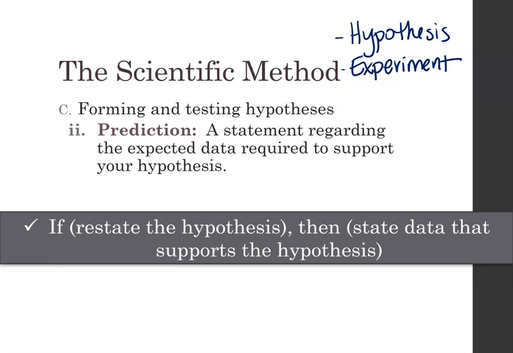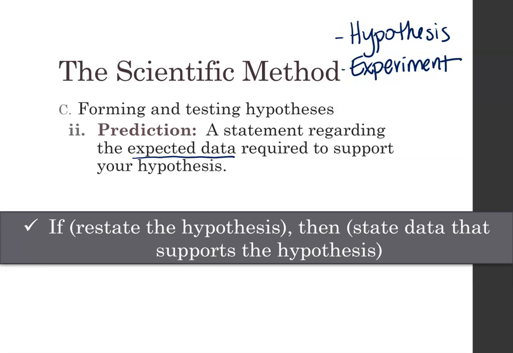So a prediction is just a statement of the data that you think you need to support your hypothesis. Just like a hypothesis, your prediction might not be correct, but you're basing it on the information you already know. So a hypothesis is a general statement trying to explain or answer your question or your observation. Your prediction is the actual data.